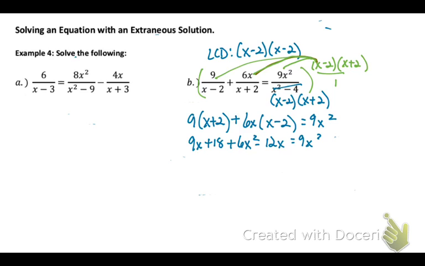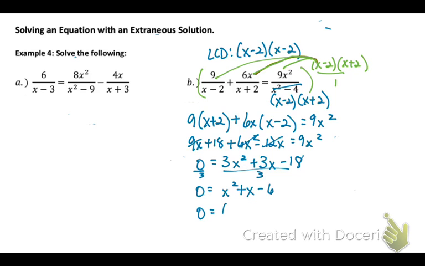I'm going to get my x squareds and everything on one side of the equation, so I'm moving it to the right. That gives me 3x squared, and then negative 3x, but I'm going to add it over and subtract my 18. I notice I can divide everything by 3, so I do. I get x squared plus x minus 6, and then the two numbers that multiply to give me negative 6 and add to give me 1 are positive 3 and negative 2.